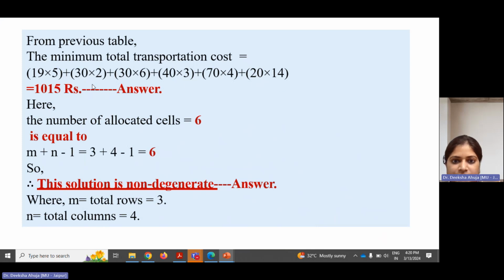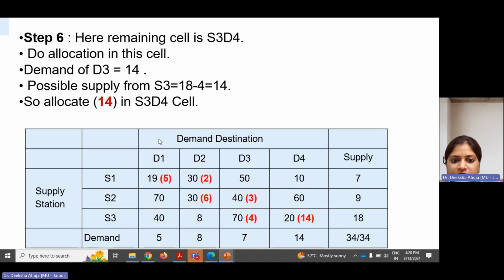Similarly, the same thing is put here. Now with the help of the formula that I already gave you for degeneracy, m plus n minus 1 is equal to the number of allocated cells. You can see the number of allocated cells in this question: 1, 2, 3, 4, 5, 6. So the total allocated cells in this problem is 6.